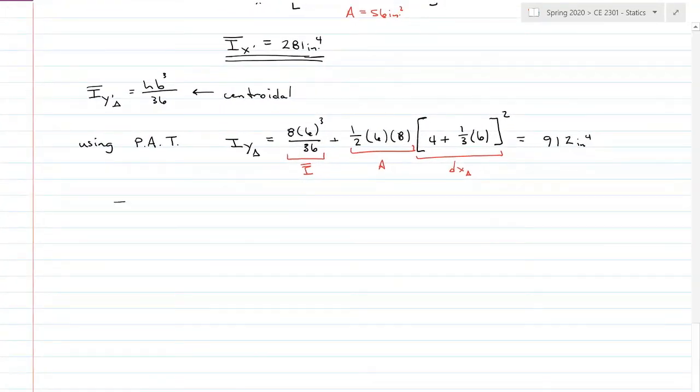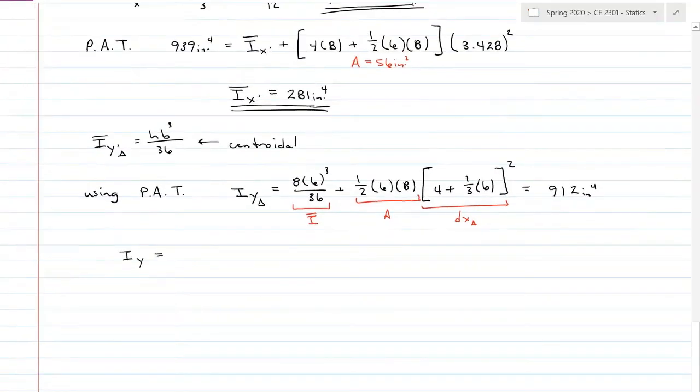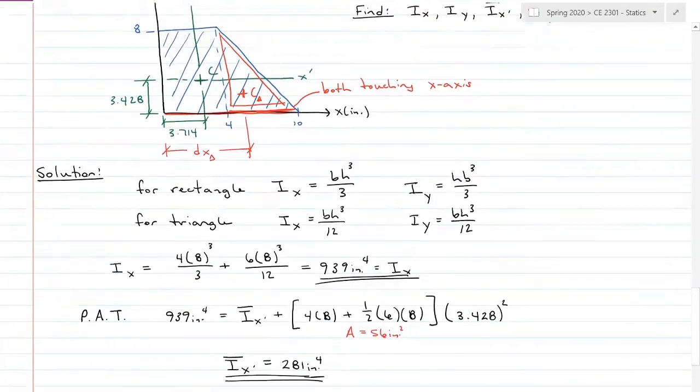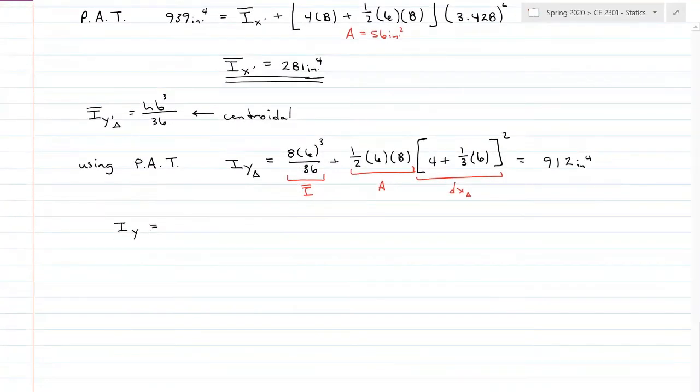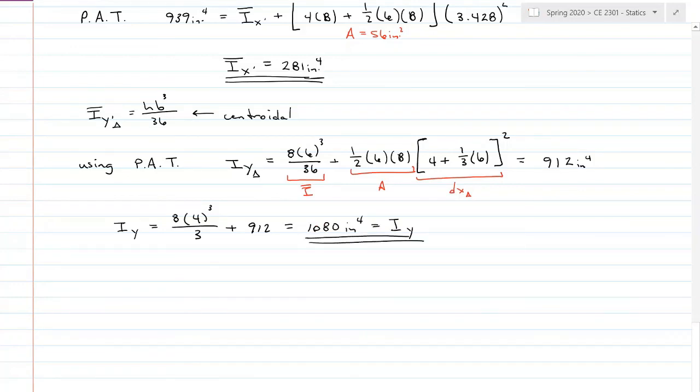So now Iy will equal the rectangle, which is touching the y-axis. Okay, so that is 8 times 4 cubed divided by 3 plus 912. And that's going to equal 1,080 inches to the fourth for my moment of inertia about the y-axis.